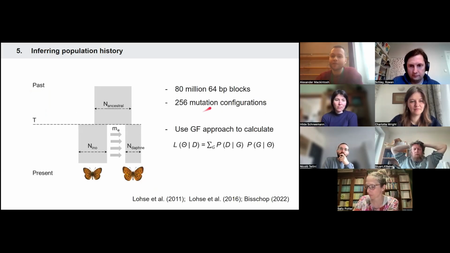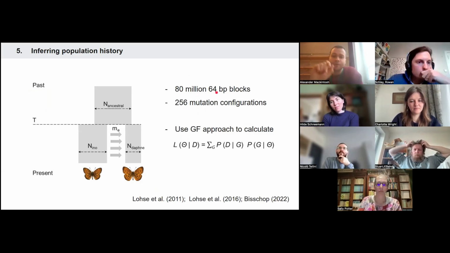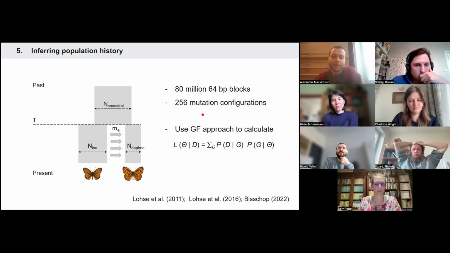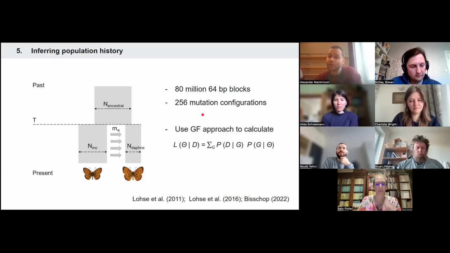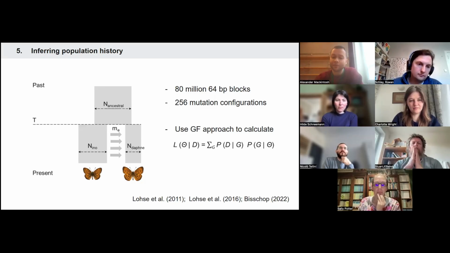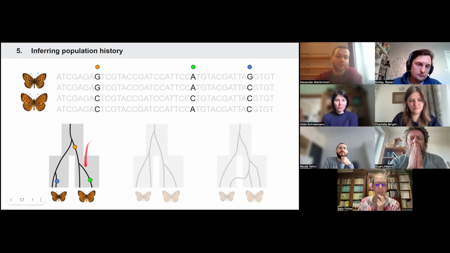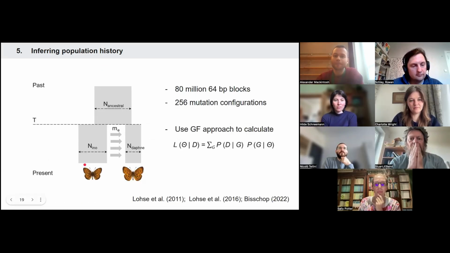And so we can do this along the genome many times, and we can collect 80 million of these short sequence blocks, and we can tally how many times we see one of 256 different possible mutation configurations. And this number of 256 comes from the fact that we only count certain mutation types up to a count of 2 or more, and then we stop counting.